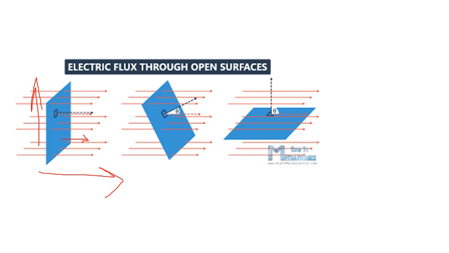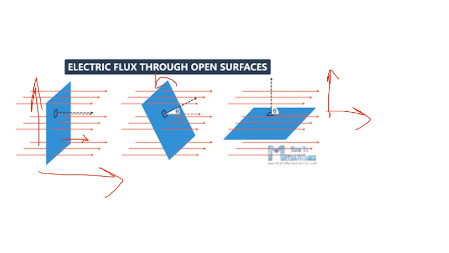But if you just tilt this area with some angle theta, then the flux will be different or less. And finally, here the electric field and the area unit vector are perpendicular, so there will be no flux passing through this.